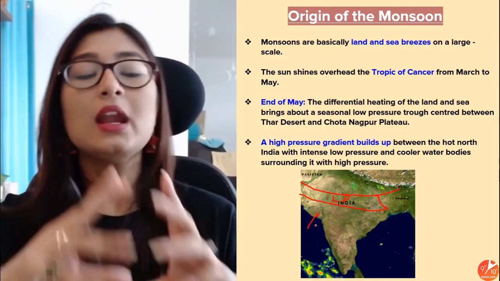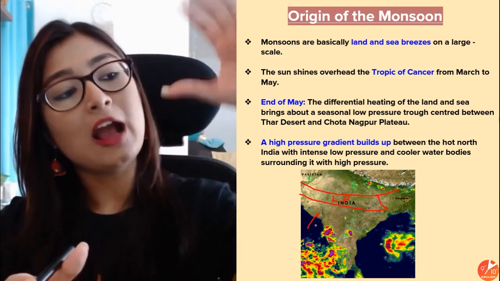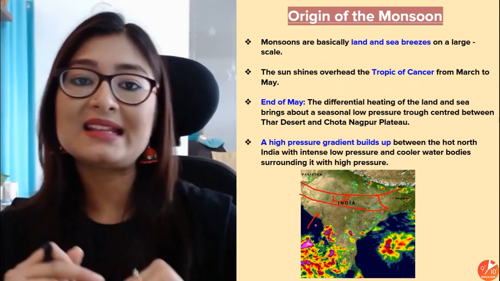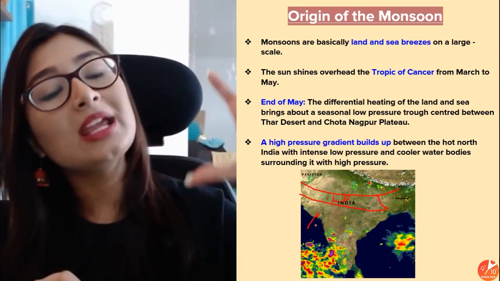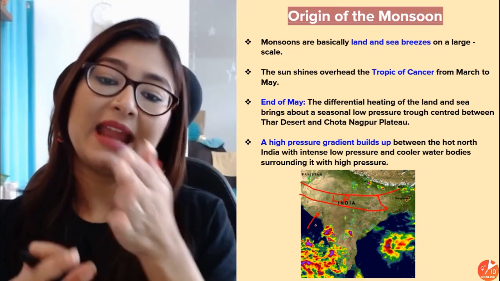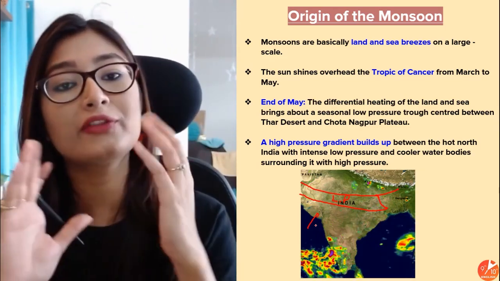That is why the Tropic of Cancer receives the most amount of heat during March to May, and after this these winds go to replace the low pressure air, to fill in for it, bringing in the monsoon. That is why the end of May is the onset of the monsoon that we see in most parts of the country.